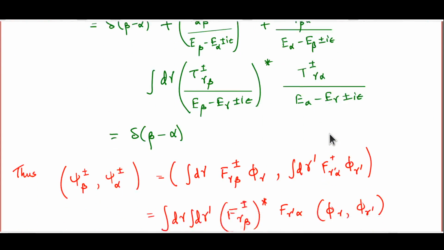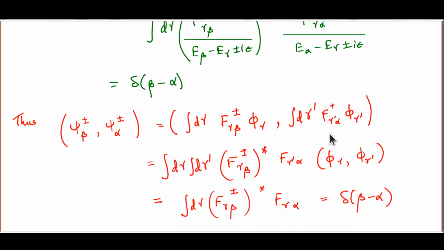If you want to see this worked out in detail, the details are simply here. The inner product of psi beta plus with psi alpha plus, or psi beta minus with psi alpha minus, is simply these two inner products, the inner product of these two vectors.